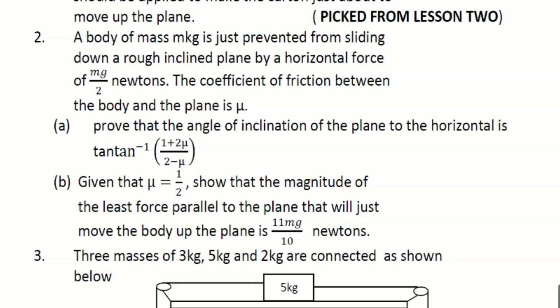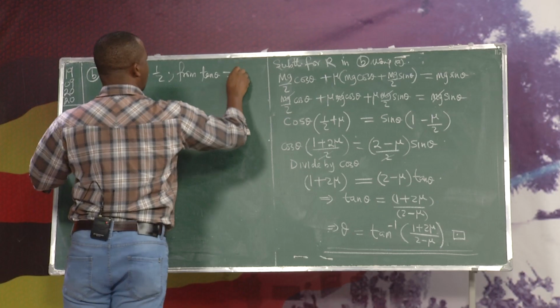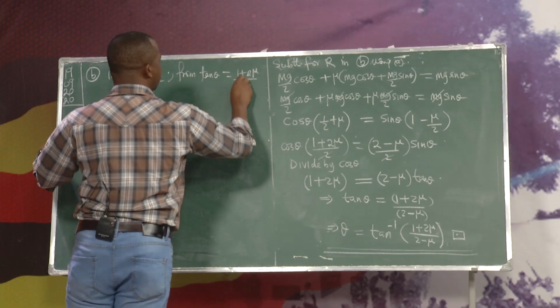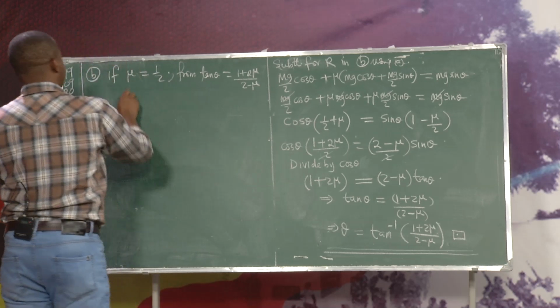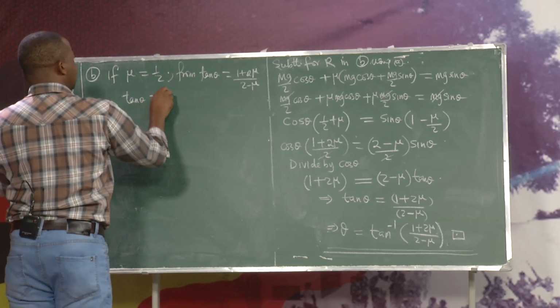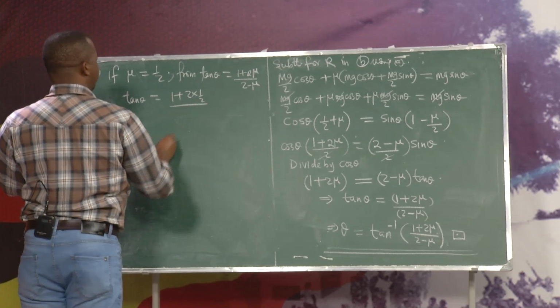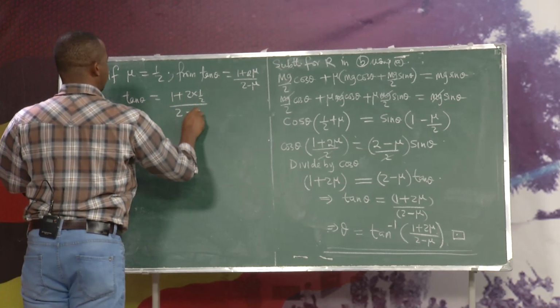So in part B, they have given us mu. If mu is a half, it implies from the expression we have just obtained, we can get theta. If mu is a half, from the expression of tan theta being equal to 1 plus 2 mu out of 2 minus mu, we can say that our tan of theta is 1 plus 2 times a half over 2 minus a half.